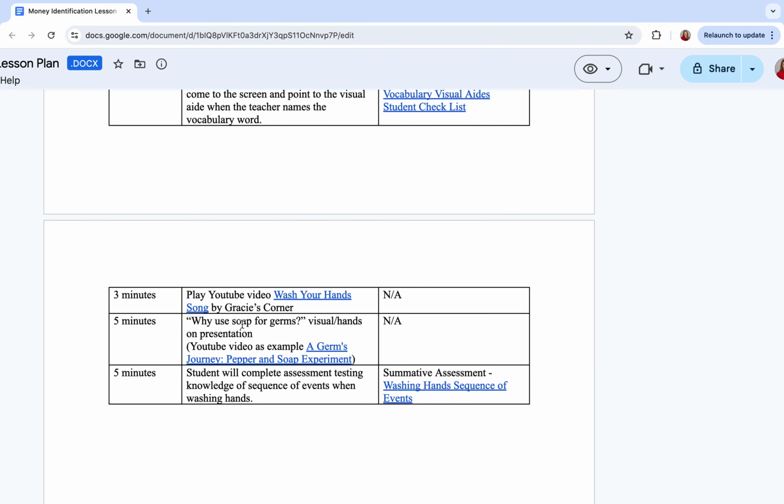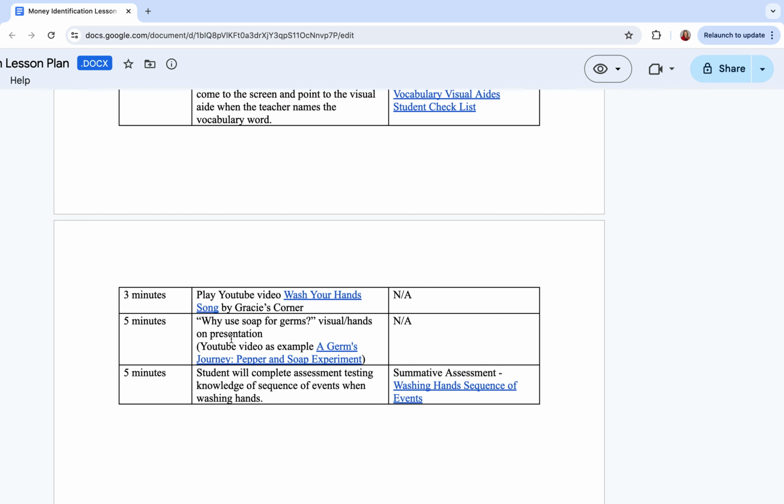In the next part of the lesson, we would watch a video and song about washing our hands. And then, following that piece of the lesson, we would do a hands-on experiment with soap, water, and pepper to show the importance of soap and how it actually keeps germs away.